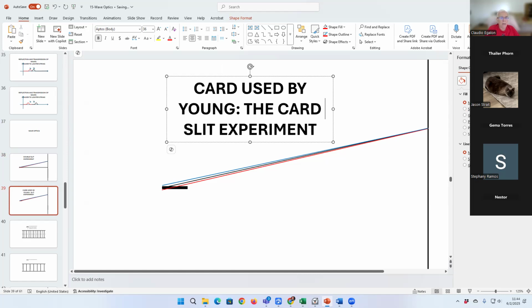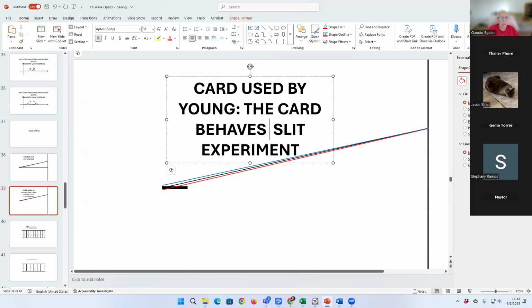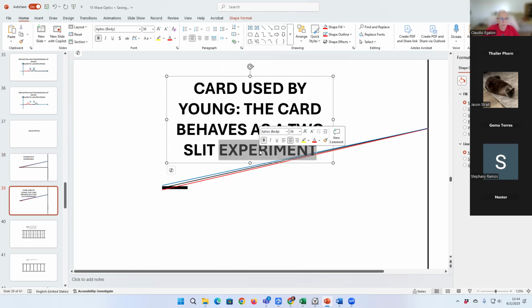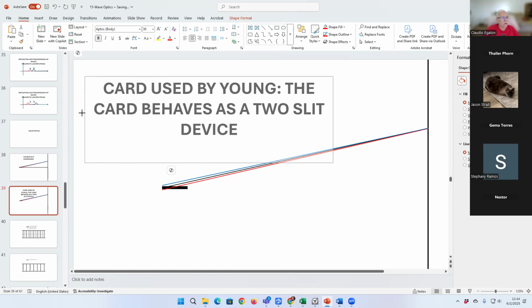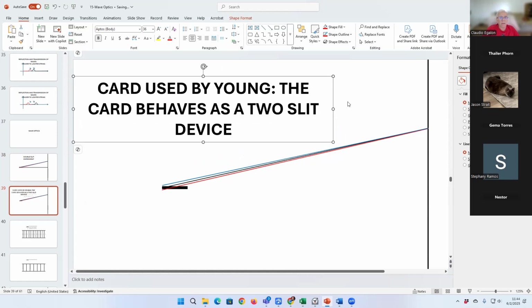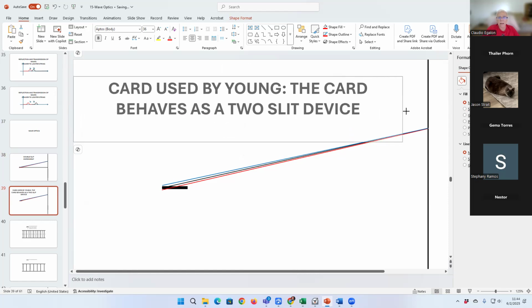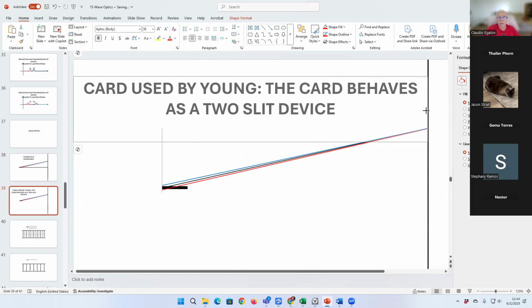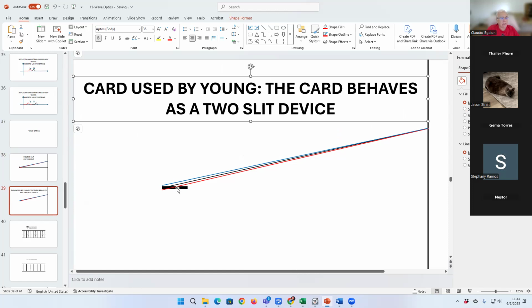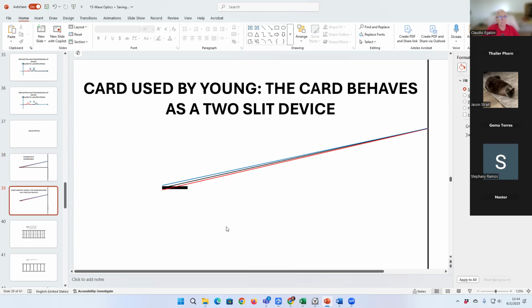The card behaves as a two-slit device. Above the card is one slit. Below the card is the second slit. And the separation between those two slits is the thickness of the card. Okay?